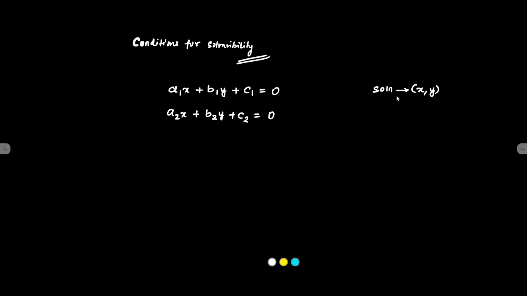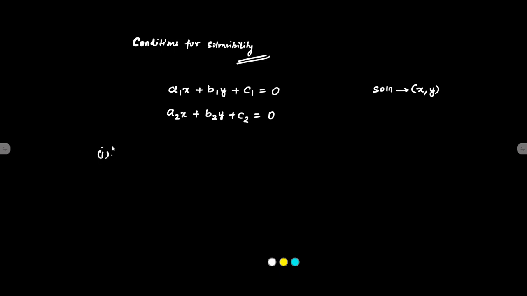So how many solutions exist for a particular system of linear equations in two variables, that we can determine from these values a1, b1, c1, a2, b2, c2. How? There are some rules, some conditions.